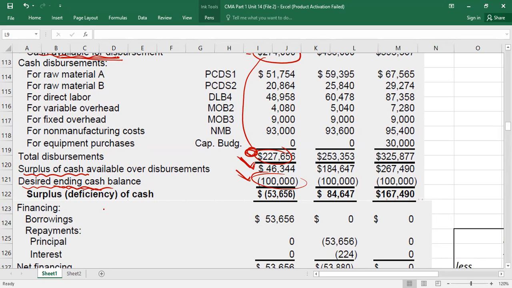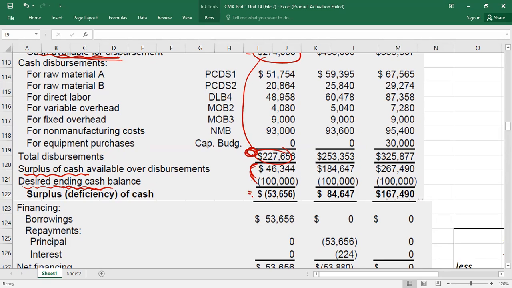It means I have the final deficiency in this month. Understood? 53,000. So how I got this 53,000? The difference of these two values: the surplus of the cash available over disbursement minus ending cash balance. So I got the deficiency because it is a negative value.